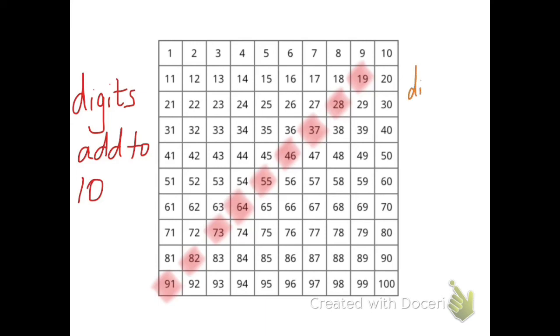What about numbers where the digits add to 9? Interesting. Let's look at digits adding up to 8.